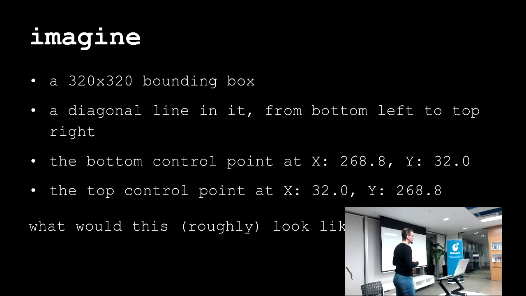So if you imagine, and I'm pushing at a stretch here, I know, because you've all had beer and you're really excited for pizza, a 320 by 320 bounding box, and you draw a diagonal line in it from the bottom left to the top right corner, the bottom control point of this curve is going to be 268.8 on the X and 32 on the Y. So basically 84% of the X axis and 10% on the Y. And the top control point is going to be the inverse of that. And what would this roughly look like?